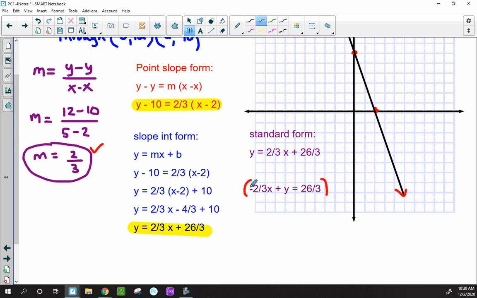To get rid of the negative, think about -1. To get rid of the 2/3, think about multiplying by 3. Well, -1 times 3 is -3. And so, like I said before, I'm just going to take care of both issues in one step instead of two. -3 times -2/3 now is a +2x. -3 times y is a -3y.